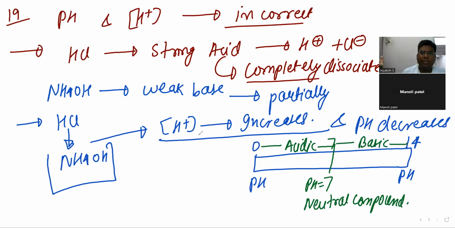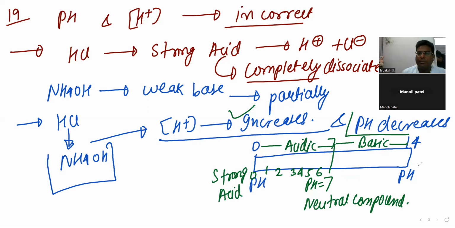The more the concentration of H plus, the lower the pH, like 1, 2, 3, 4, 5, 6, 7. Near 0 and 1 is a strong acid, and near the other end is a strong base.